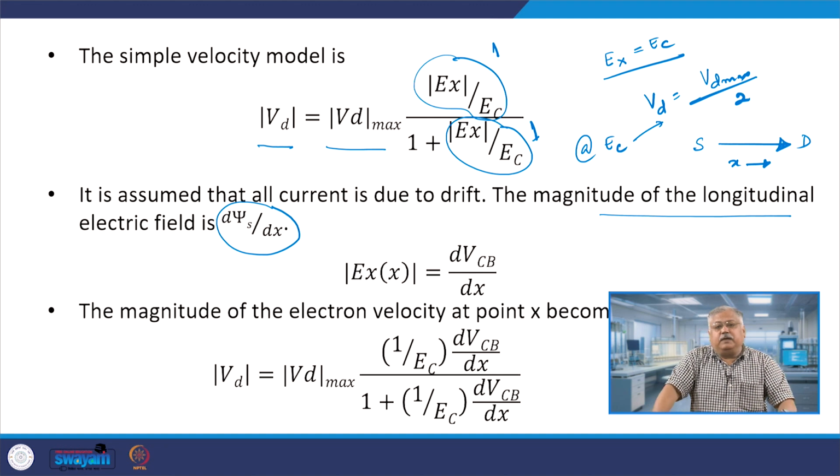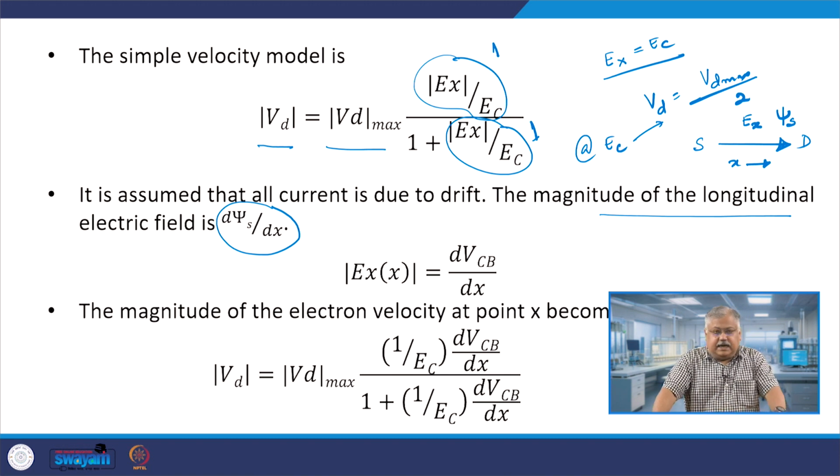If this happens to be my x direction, then this direction is Ex, the electric field, and psi s is basically the surface potential along this direction. Now, with this knowledge, what we can do here is that we will now be coming to the concept of Ex.